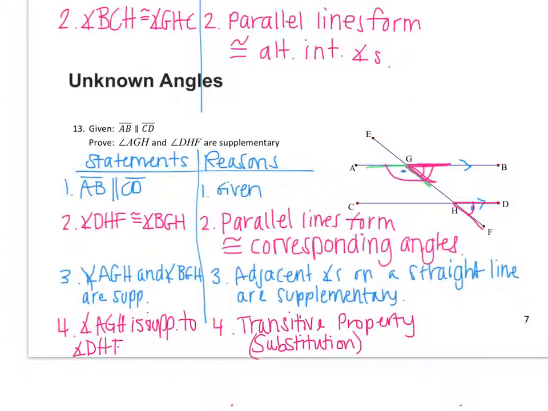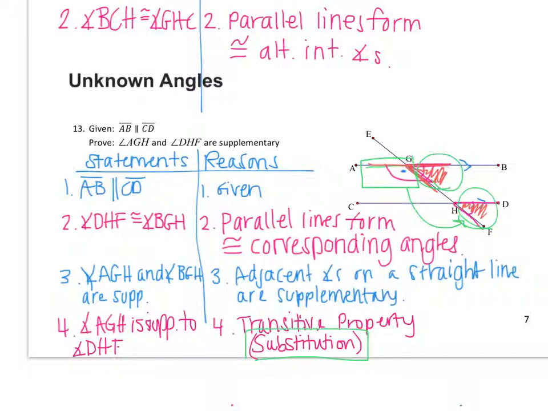Okay, so again, here we had angle AGH that was supplementary to angle BGH. But we knew that angle BGH right here was congruent to angle DHF. So because those two angles are congruent to one another, I can also say that angle AGH is supplementary to angle DHF by a substitution property.